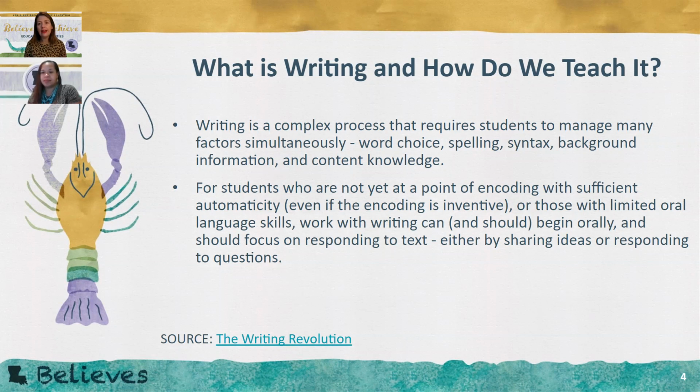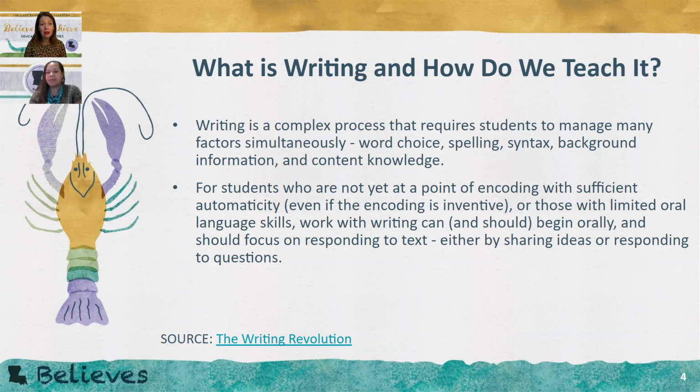Now, what is writing and how do we teach it? Well, writing is a very complex process. In the first session, we said, if teaching reading is rocket science, then teaching writing is even more complex than that. And writing for students is a very complex process that requires our students to manage many factors simultaneously.